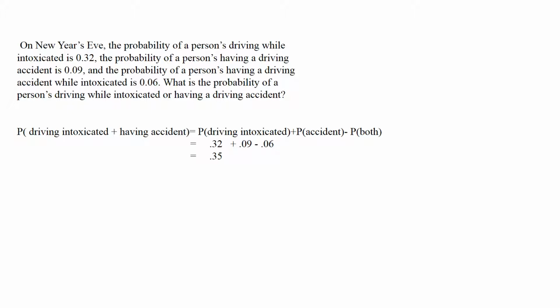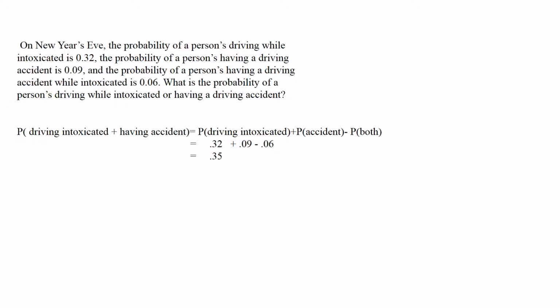The next question asked: on New Year's Eve, the probability of a person driving while intoxicated is 32 hundredths. The probability of a person having a driving accident is 9 hundredths. And the probability of a person having an accident while driving intoxicated is 6 hundredths. What is the probability of a person driving while intoxicated or having a driving accident?